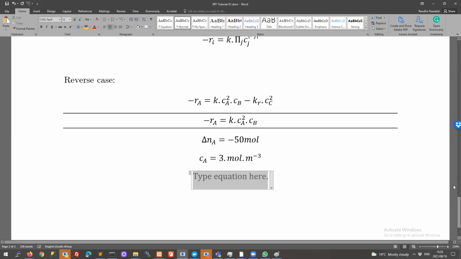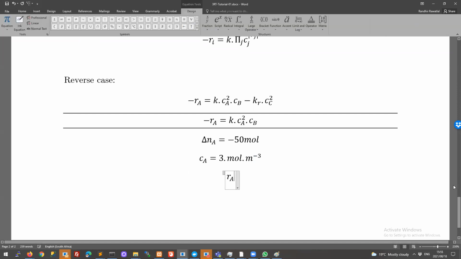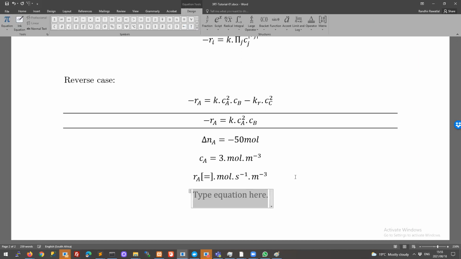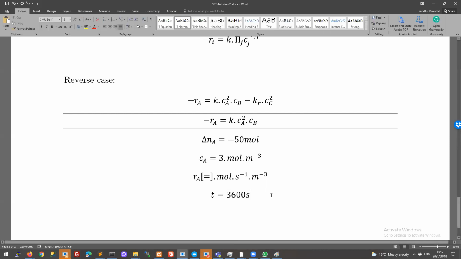And we've got RA, which is something, and the units are moles per second per cubic meter. And we are given a time, 1 hour. T equals 3,600 seconds.